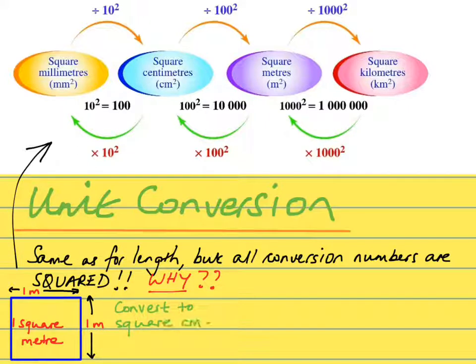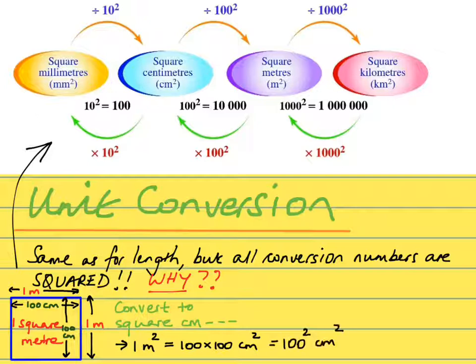If we wanted to convert that to square centimetres, what we do is we simply rewrite that length and width as centimetre dimensions, okay? And therefore, what do we get for the area in square centimetres? 1 square metre becomes 100 for the length times 100 for the width in square centimetres. Now we're beginning to see that's 100 squared square centimetres.